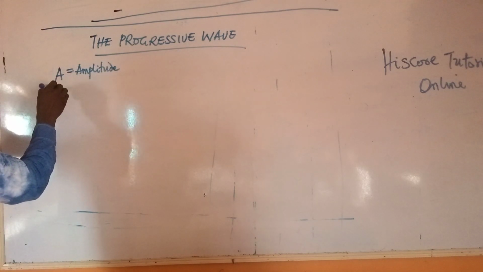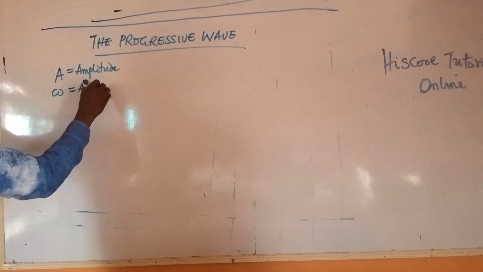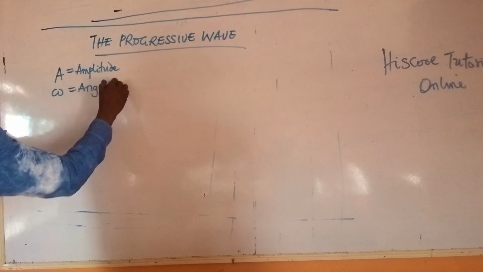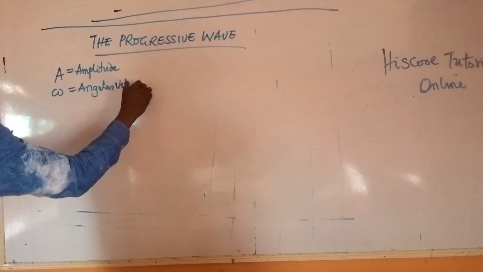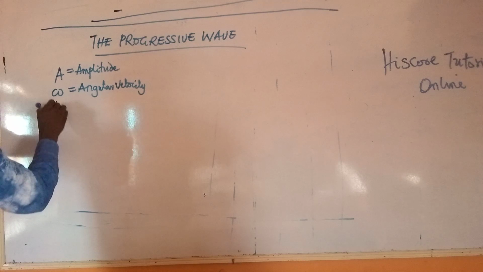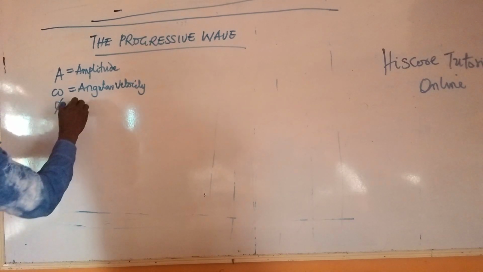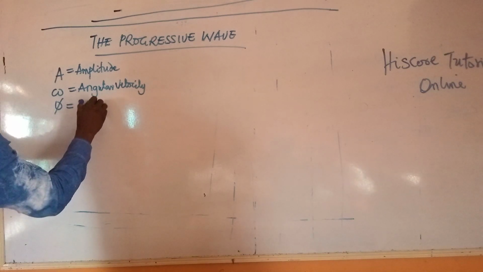We have omega, which is the angular velocity. We have phi. Phi is the wave difference.